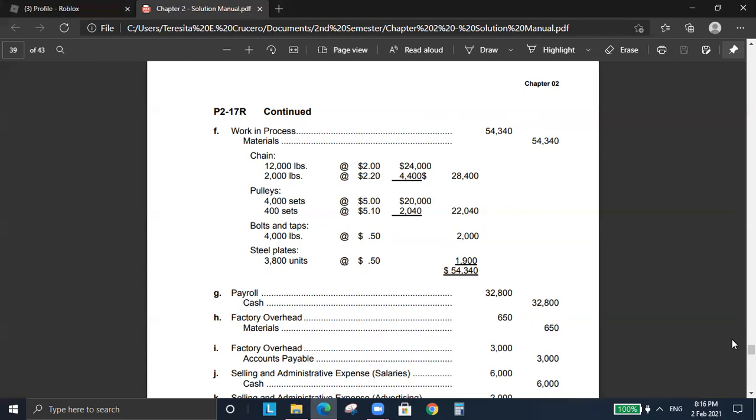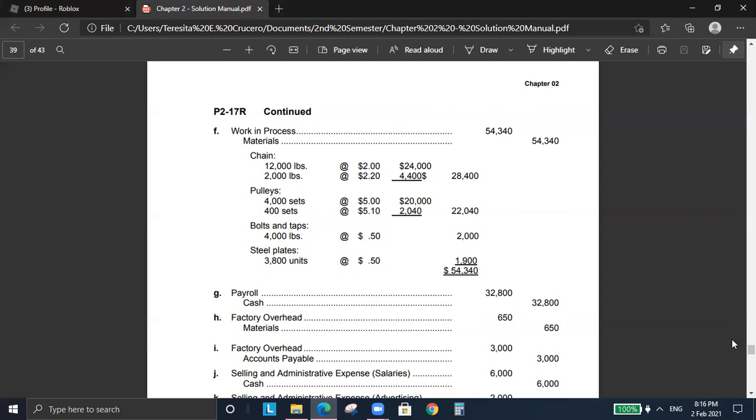The company bought $10,200 worth of pulleys for 2,000 sets. So it means that the cost per set is 5.10. That's taken by dividing $10,200 by 2,000 sets. Again, we are using the FIFO method.